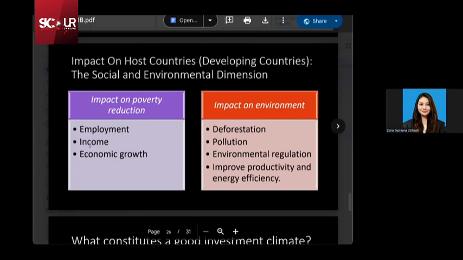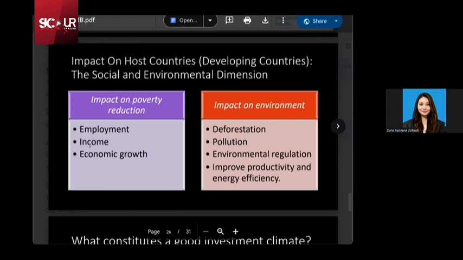There are a lot of scholars who don't find a significant relationship between employment, FDI and poverty reduction. But some of the studies do find a relationship, and they say that FDI can contribute to an impact on poverty reduction.